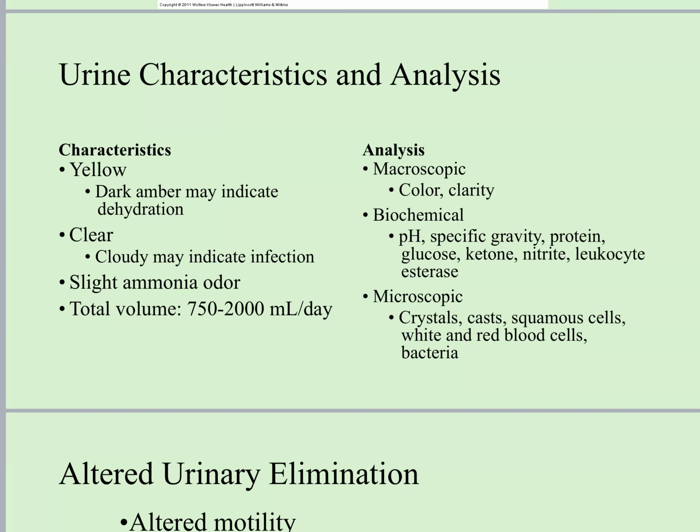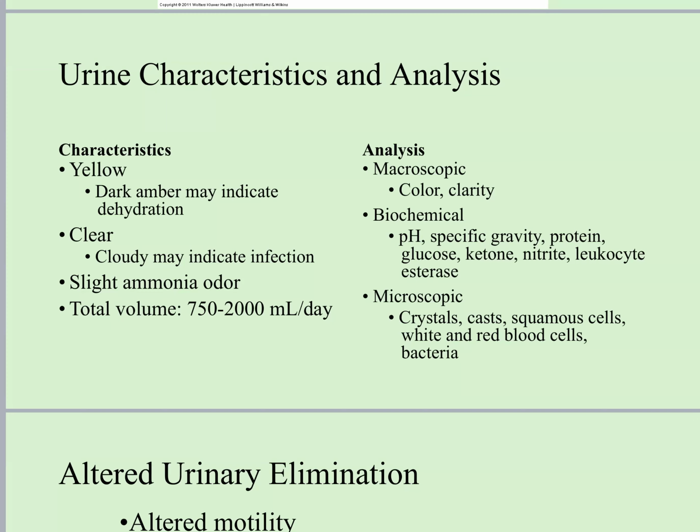On analysis, we look for color, clarity, pH, specific gravity, protein, glucose, ketones, nitrites, and leukocyte esterase. We really shouldn't have leukocyte esterase; those are white blood cells. Nitrites can often be an indicator of a urinary tract infection.